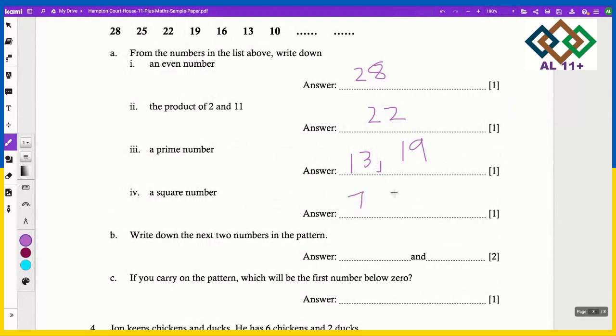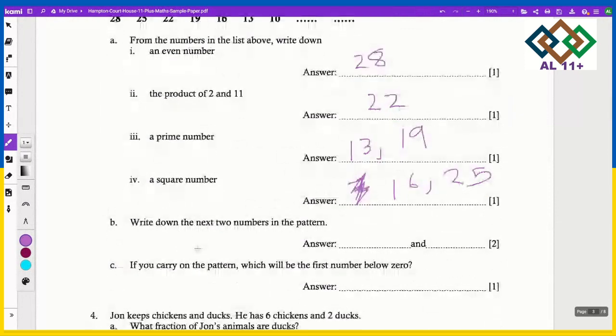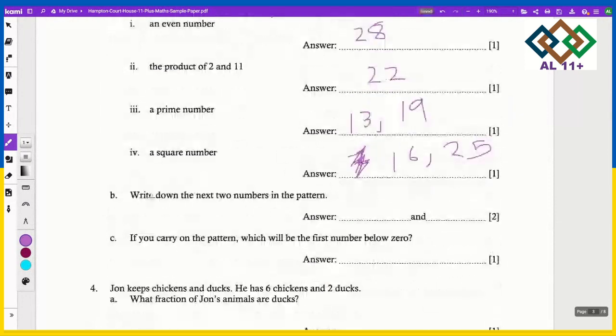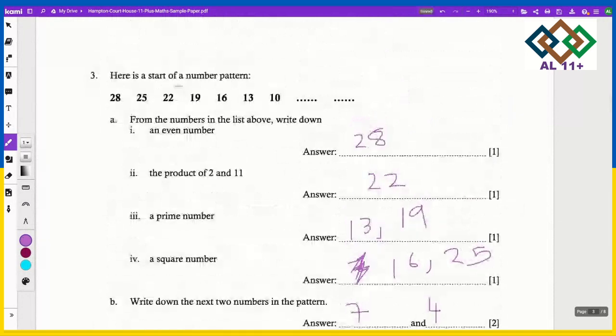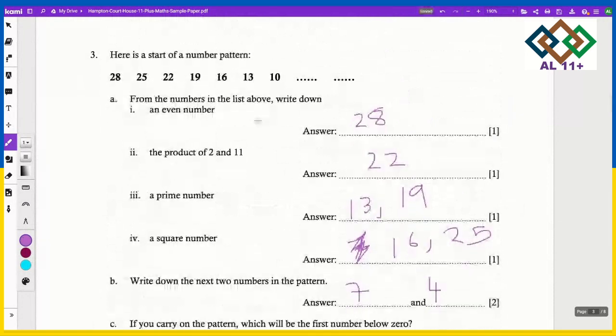A square number, that's 16. Or you could write 25, not 7. And write down the next two numbers in the pattern. So that would be 7 and 4. Everything you're writing, remember, is from these number patterns given at the top.